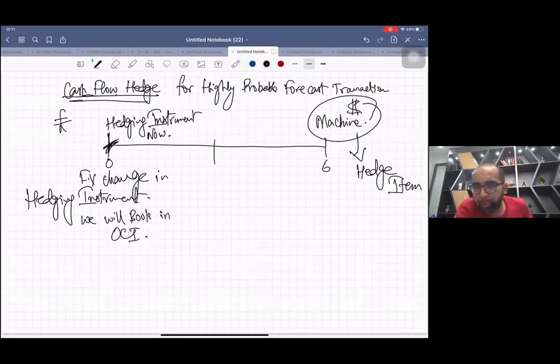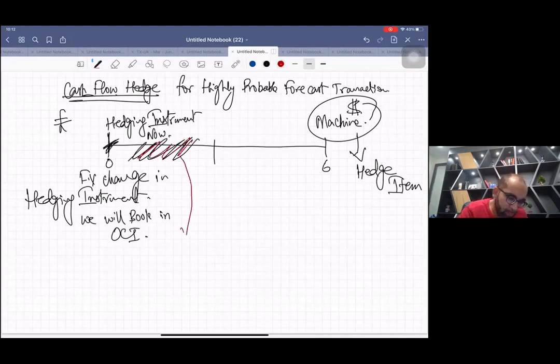Let's assume the case of this question. We have planned to buy this highly probable forecast transaction, and we entered in a hedging instrument before. So till this date, we booked $50 gain in OCI, and that $50 is basically the fair value gain of the hedging instrument.